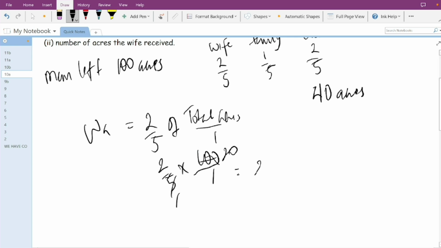So we have it as 2 times 20, then 1 times 1 is 1, so that one goes off. So we have 2 times 20 is 40. So the wife also received 40 acres of land. So you can do that. This is how to show your working. Number of acres the wife got is the fraction of what the wife got of the total number of acres the man left.